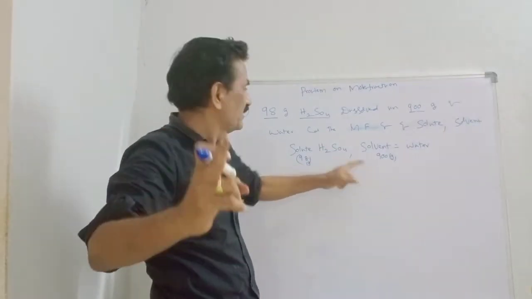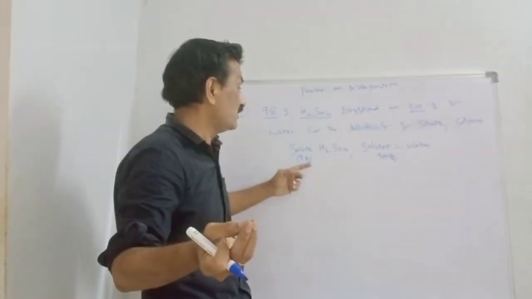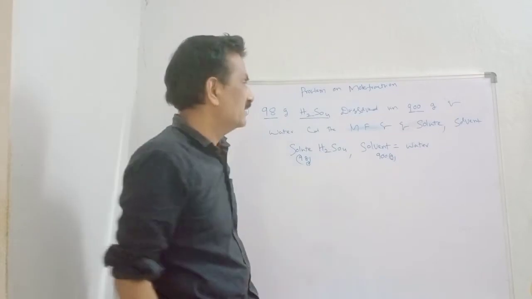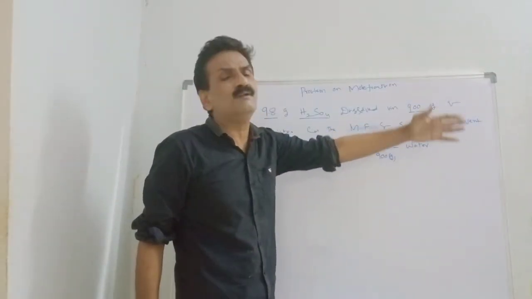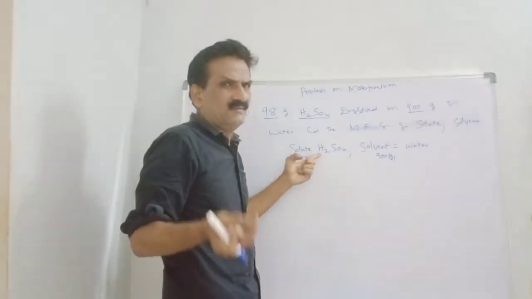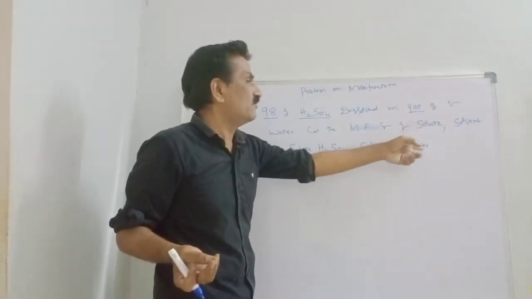Please note it. Which is less? Solute, 98 grams. So I am going to choose solute. Now what he has asked, calculate the mole fraction of solute and solvent. So please note it, the lesser quantity, that is solute, is H2SO4, solvent is water.